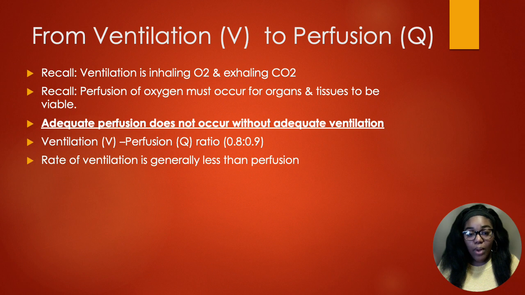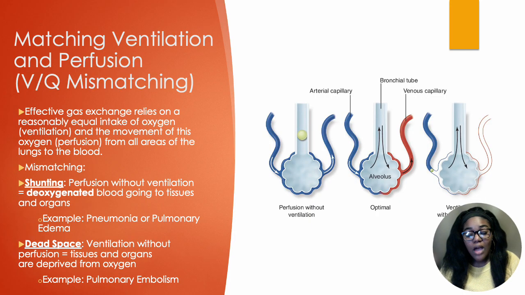Overall, the main point is that you cannot have adequate perfusion without adequate ventilation. In fact, ventilation must occur and must not be deficient in order for perfusion to be effective and for your organs to remain viable. So we've talked about how we have a ventilation perfusion ratio.